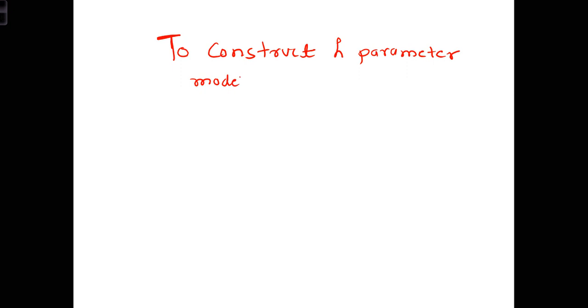So our aim in this video is to construct the H parameter model circuit from equations. So we are having the two equations which we derived in the last lecture.